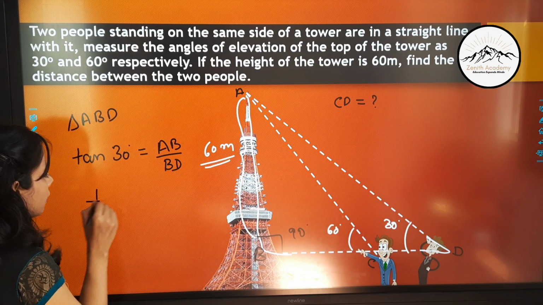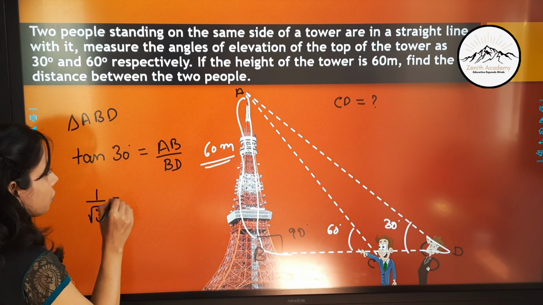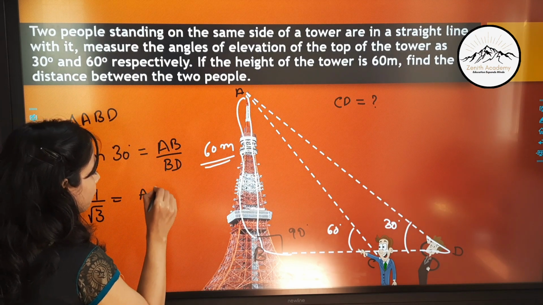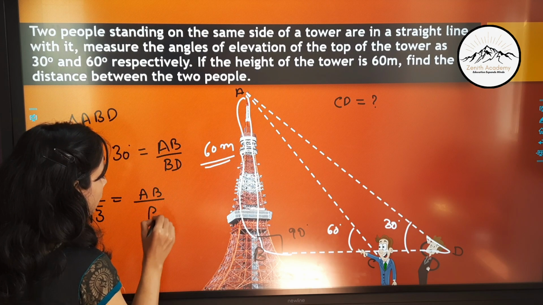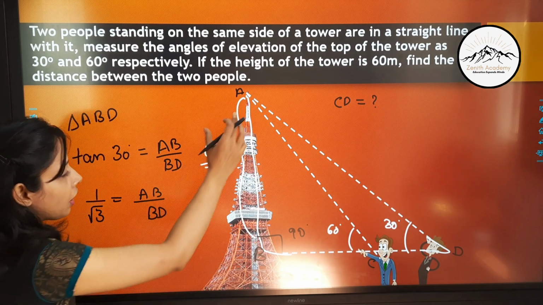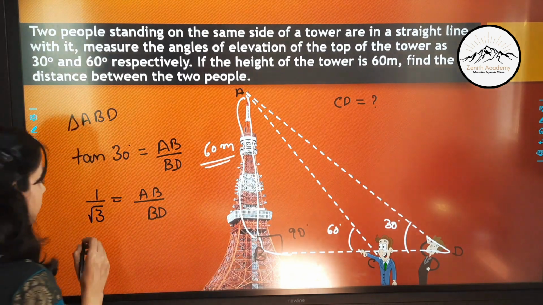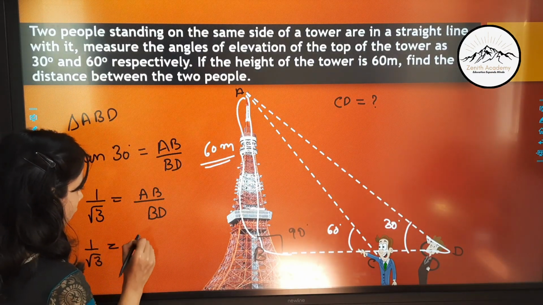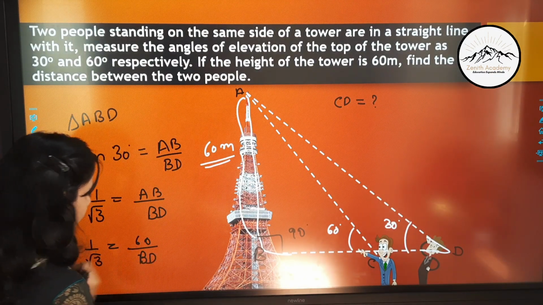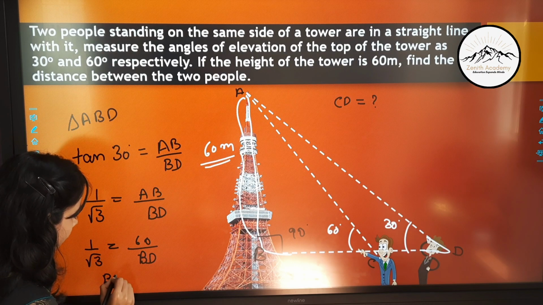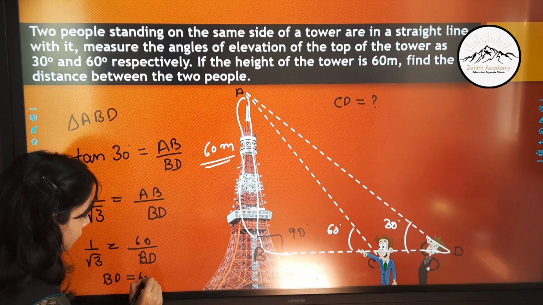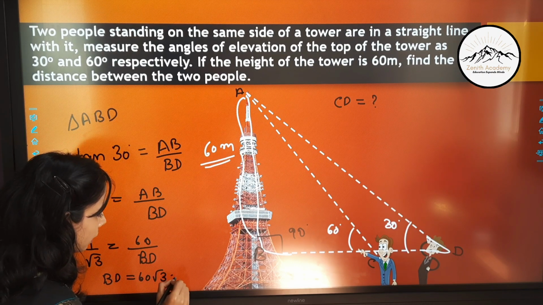What is tan 30 degrees? 1 by root 3, which is equal to AB upon BD. Now AB we have been given as 60 meters. So what will be BD? 60 root 3 meters, cross multiplying.